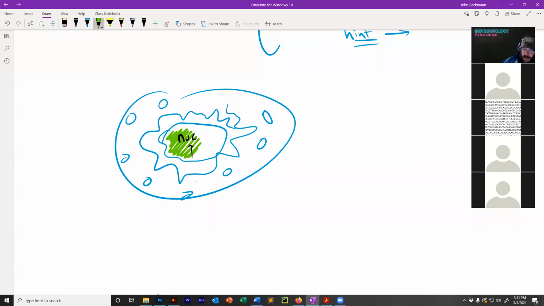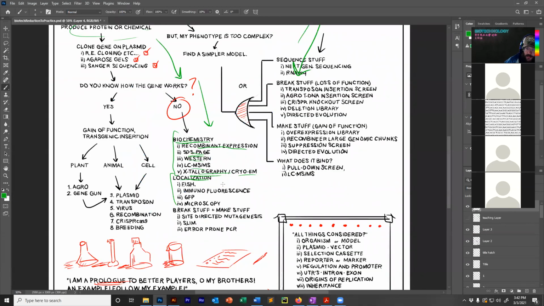If you find it in the mitochondria, you probably know that it's doing something for energy or metabolism, okay? So you can learn a lot from a protein based on where it is. So a lot of people will do localization. So you could do FISH to localize the messenger RNA.